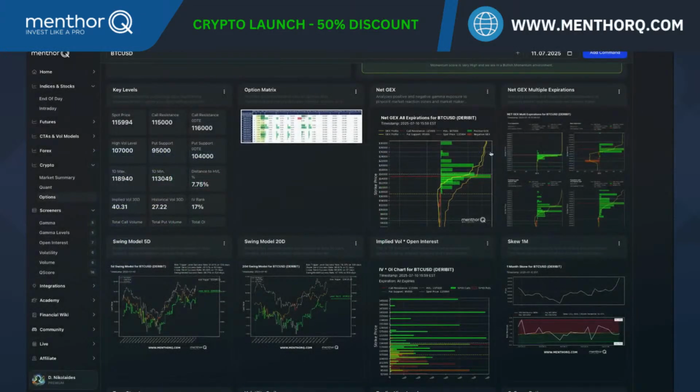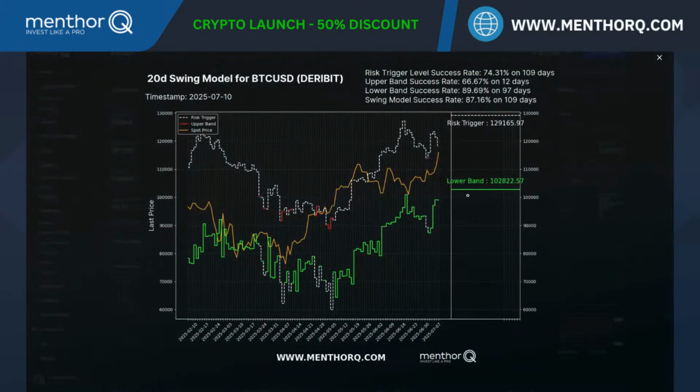And if you really feel that you can ignore theta and you like calls and you think crypto will go to the moon and all the models are bullish, again, this is a great spot. The lower band is a great spot maybe to place your long call in the money.